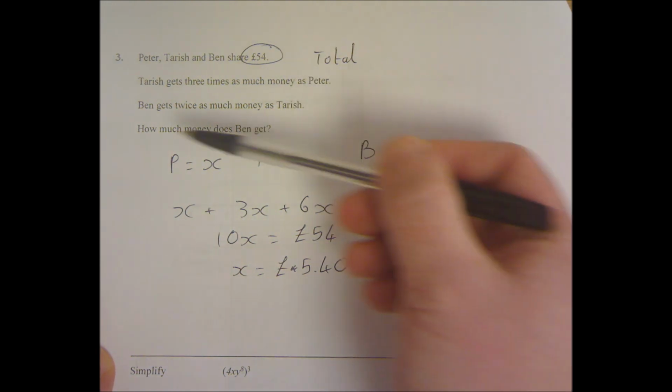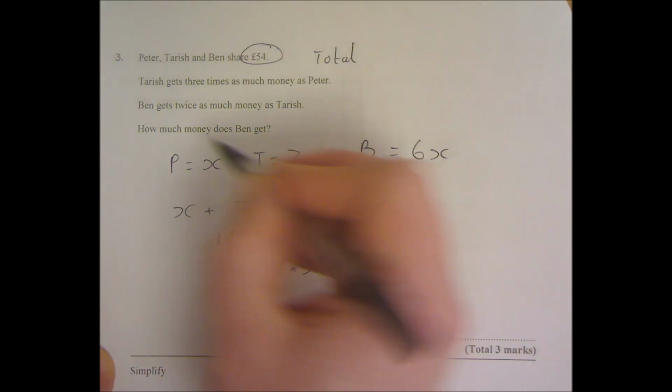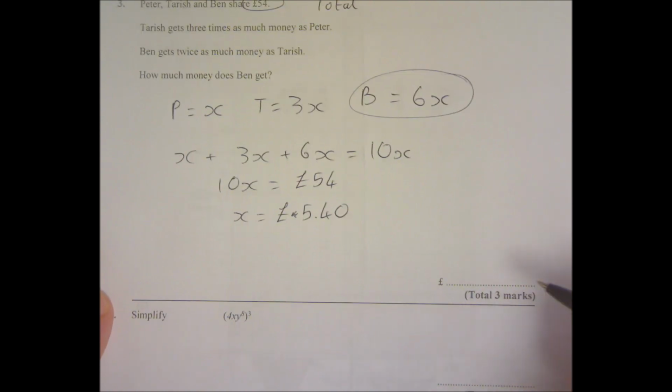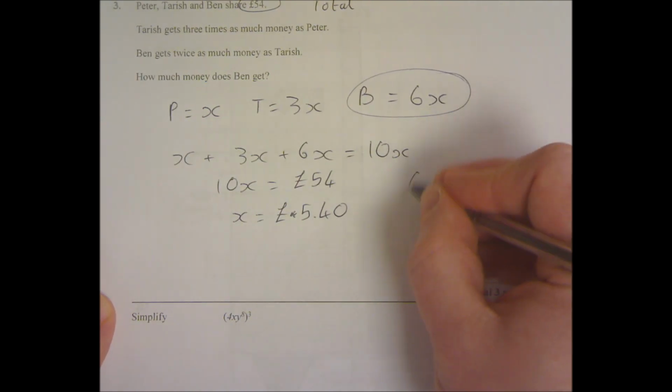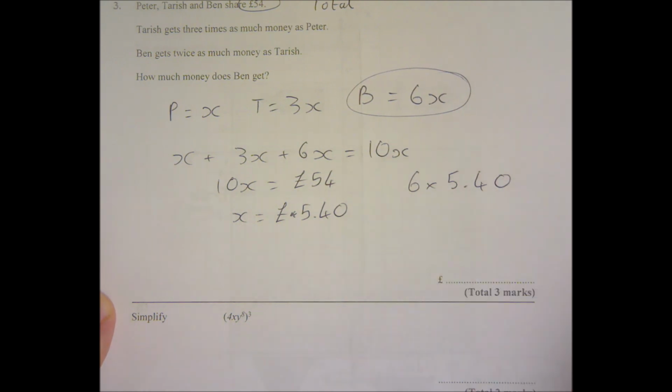Right, at this point we'd look back at the question, how much money does Ben get? Ben is the 6x. So at that point I'm doing 6 times £5.40.